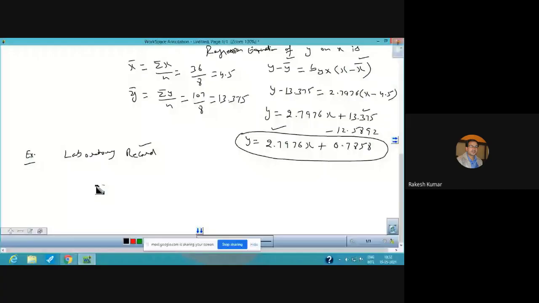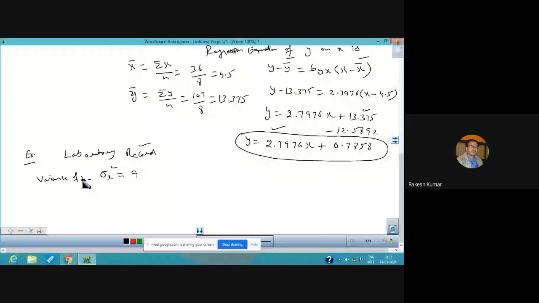The following results are legible. First is the variance of x, denoted by sigma x square, and its value is given as 9.